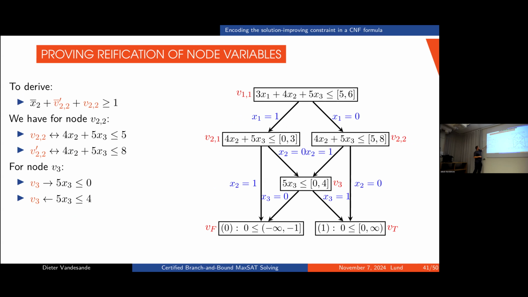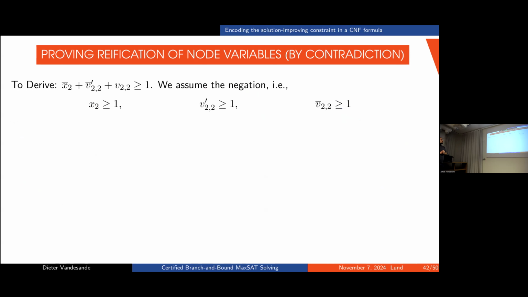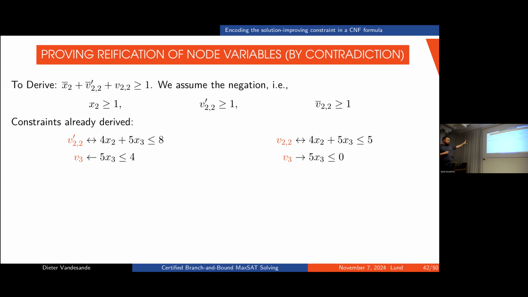And for node V3, which is this child, I have the actual reification that I already want, because we start deriving the reification bottom to top. Let's do this by contradiction. So what I can assume now is that x2 is true, V prime is true, and V is false. And I already have these constraints derived.